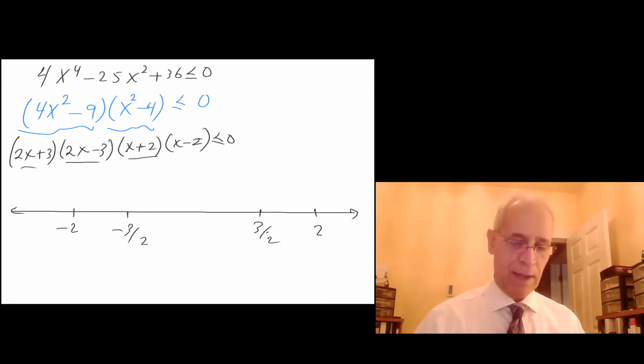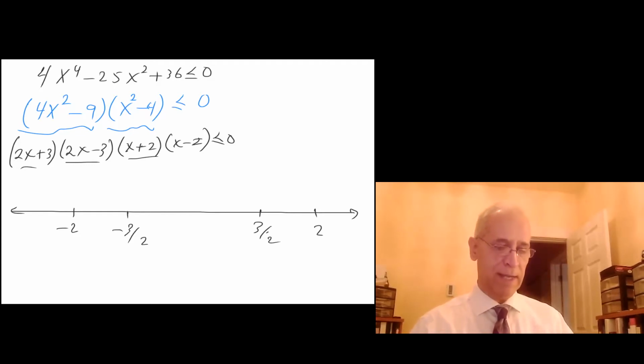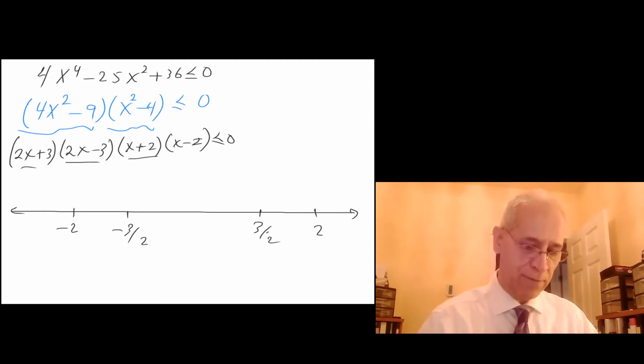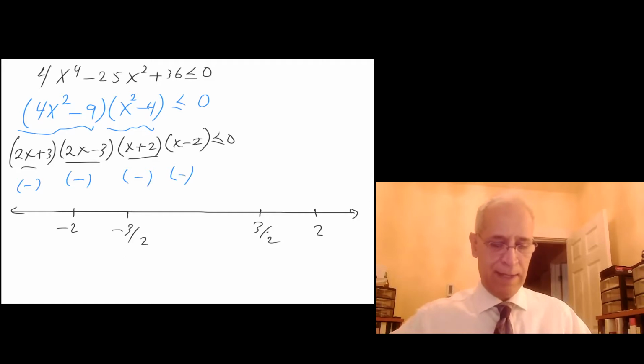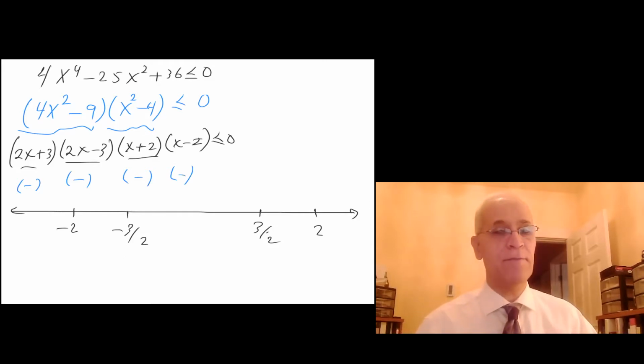Okay, and testing numbers in between. If I plug in a number to the left of −2, let's say −3, then this is going to give me a negative, this a negative, this a negative, and this a negative. And so the end result is positive.